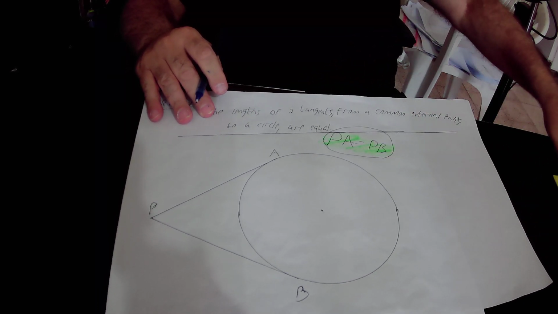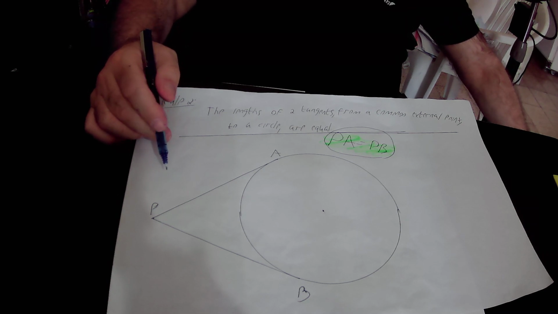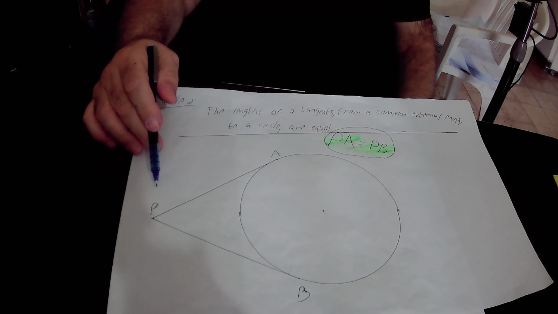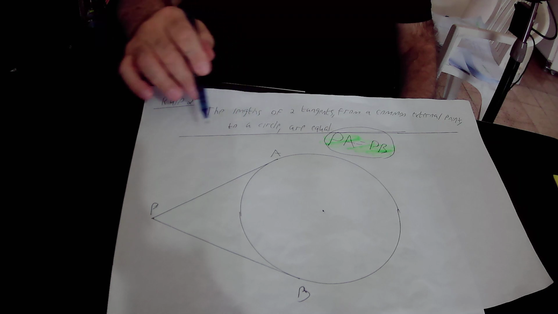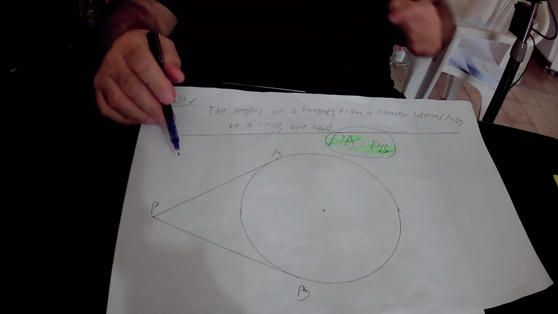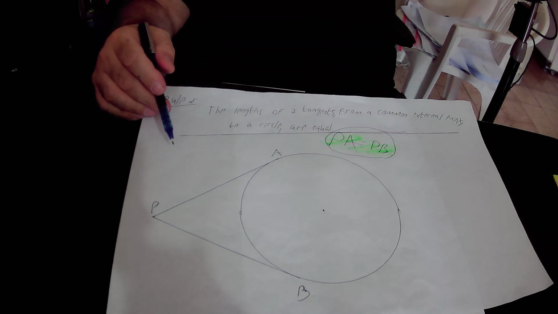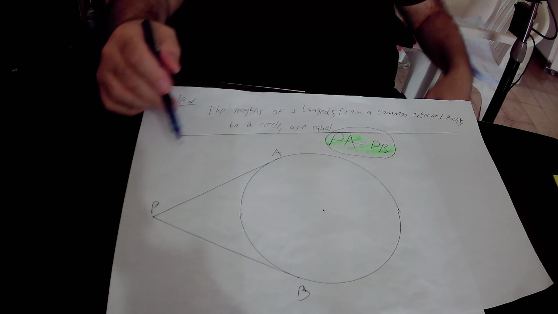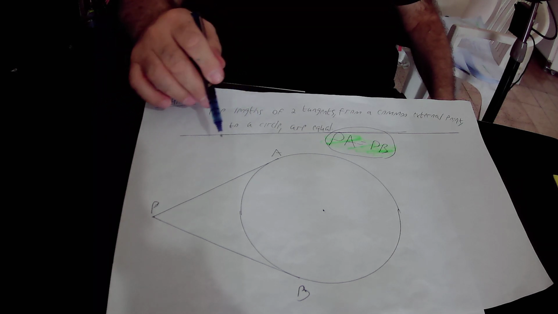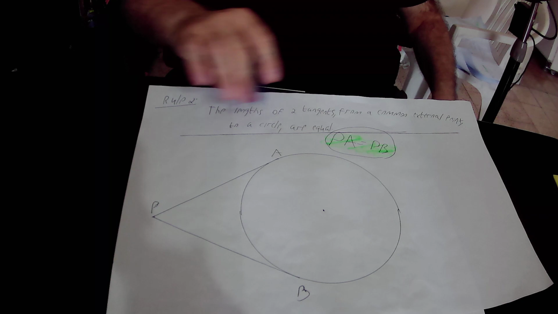Here we have the common external point P. From the common external point P, we have tangent PA and tangent PB to this circle. And according to rule number 2, the lengths of those two tangents are equal to each other. That is to say, PA equals PB.